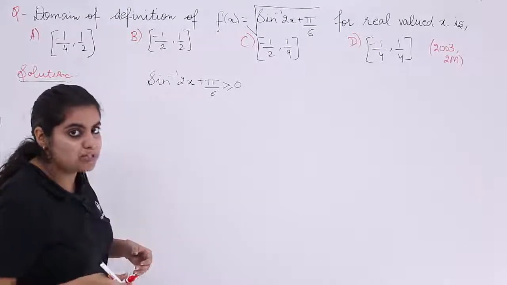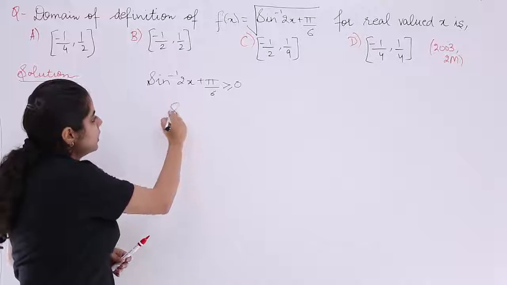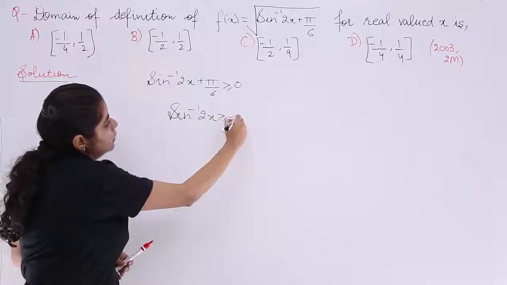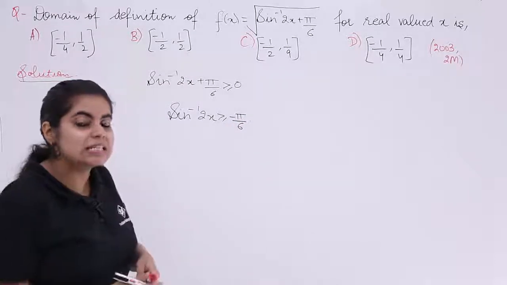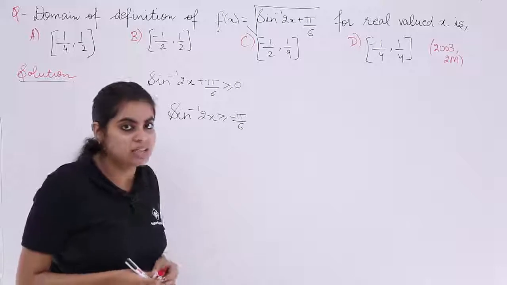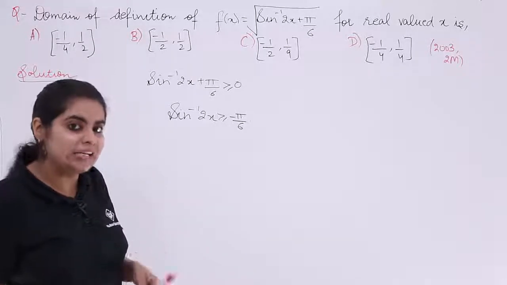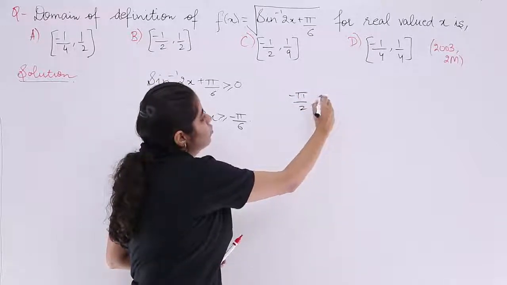Now if this happens, then sine inverse 2x is greater than equal to minus pi by 6. And since it is sine inverse theta, I also know that the value should be lying in an interval. And what is that interval? It is minus pi by 2 to pi by 2.